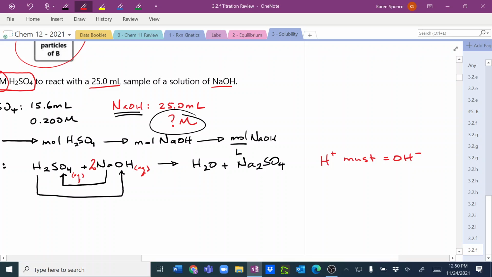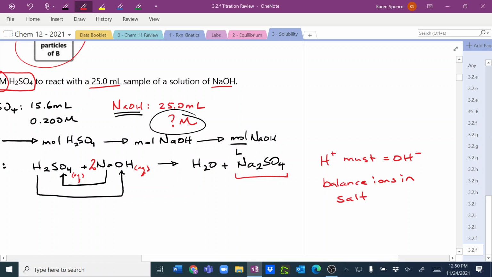The other way to do it, and actually I probably should have started with this way because it's probably easier, is to balance the ions in the salt first, which would also get you to put a 2 in front of the NaOH. So either way works.